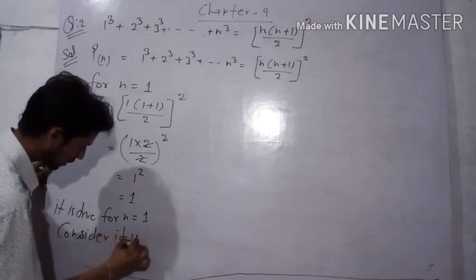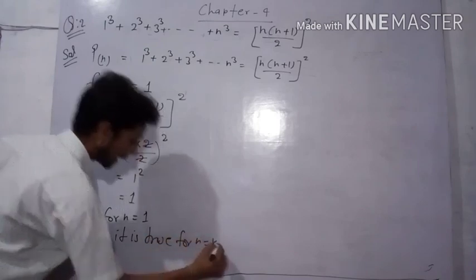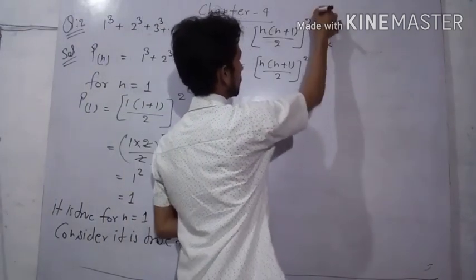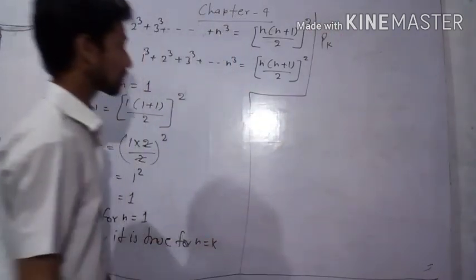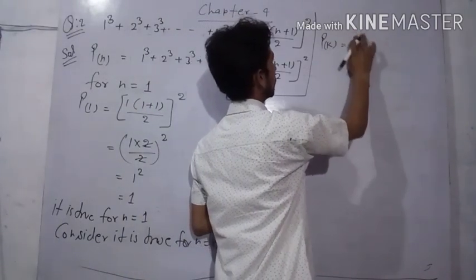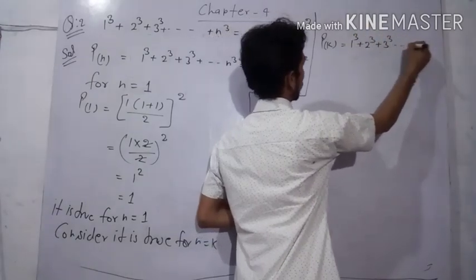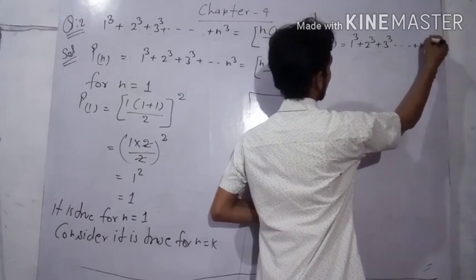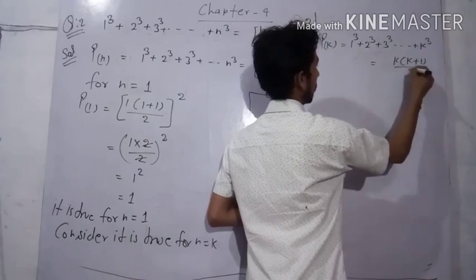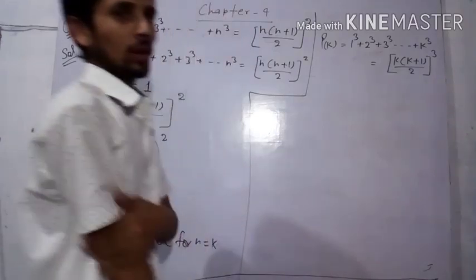Now consider it is true for n equals to k. So consider Pk: 1 cube plus 2 cube plus 3 cube plus dot dot dot k cube is equal to k into k plus 1 upon 2 whole square.